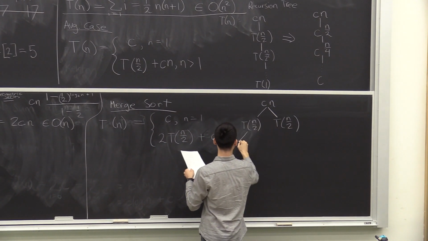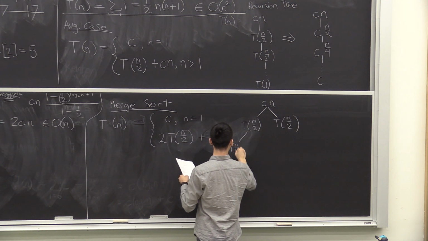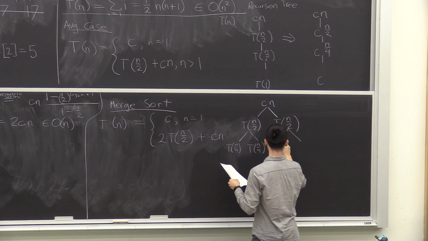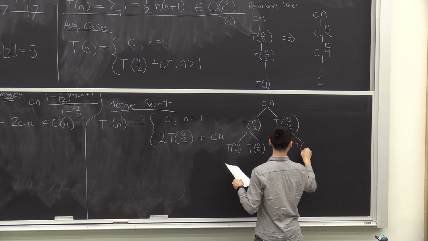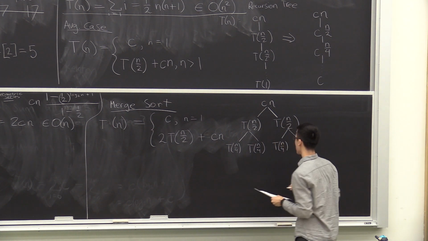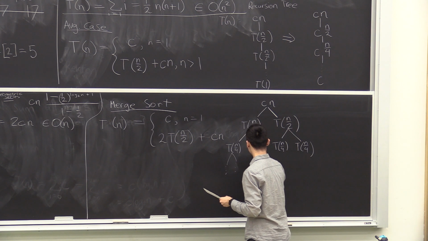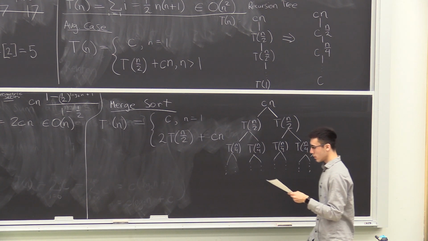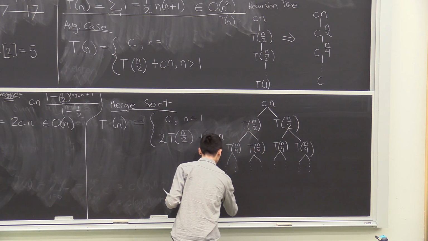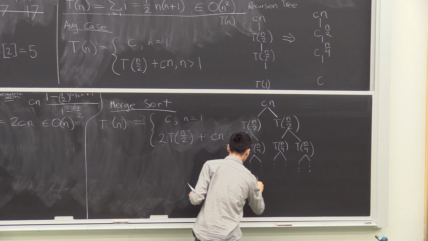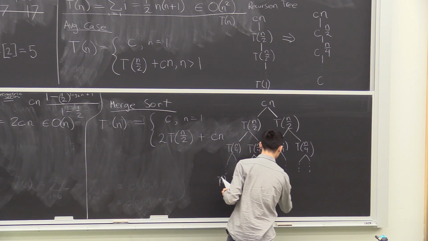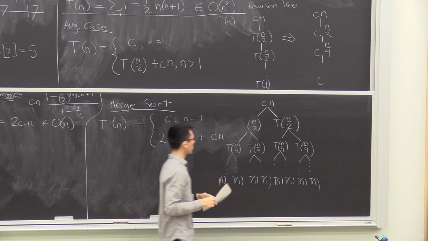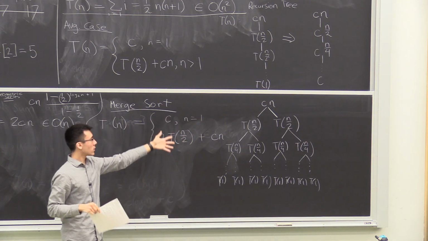And then for each of these, this is just going to have T of n over 4, T of n over 4, and so on, right? And this is just going to keep on going like this, until we get a bunch of T of 1 terms at the very bottom. Okay? So now this is what the recursion tree is going to look like.